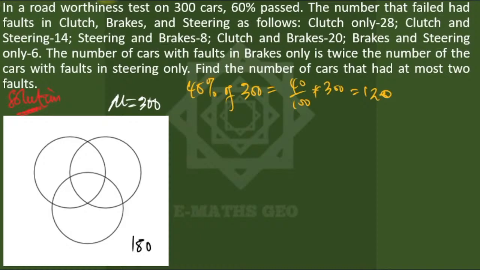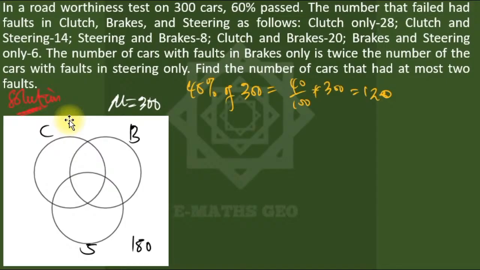So the ones we use in forming the subset are the ones with fault. So let's use C as clutch, B as brakes, and S steering.